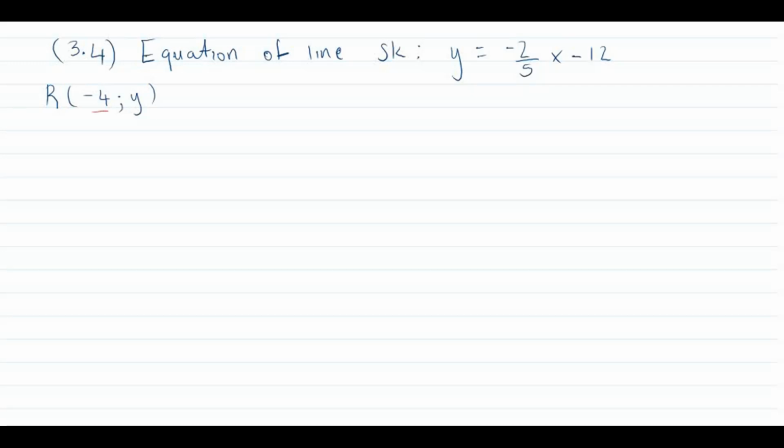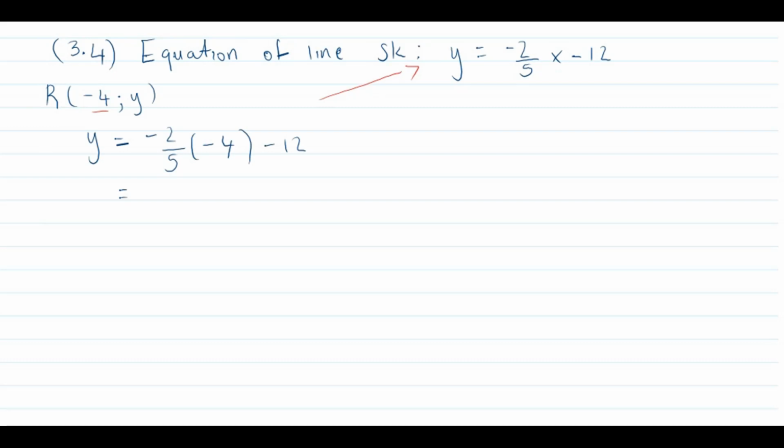So we're going to substitute this -4 into this equation to get our y value. Alright, so let's do that. So y is equal to -2 over 5 times, we substitute this -4, minus 12. Okay, just punch that into your calculator.